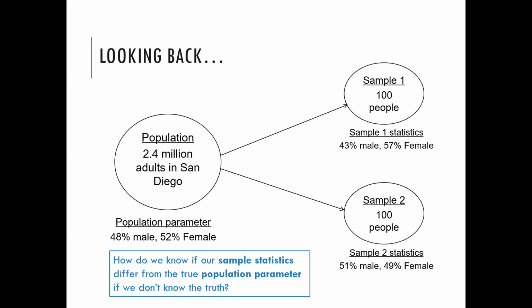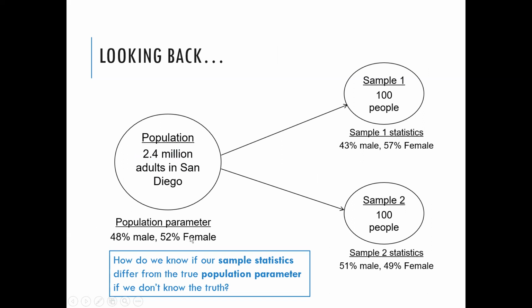So let's say, going back to this example that we showed in the beginning of the lecture, we have 2 samples, each with 100 people from a population of adults in San Diego. In our first sample, we have 43% male and 57% female. In our second sample, we have 51% male and 49% female. And what we're trying to get at is, how do we know if these sample statistics differ from the true population parameter?